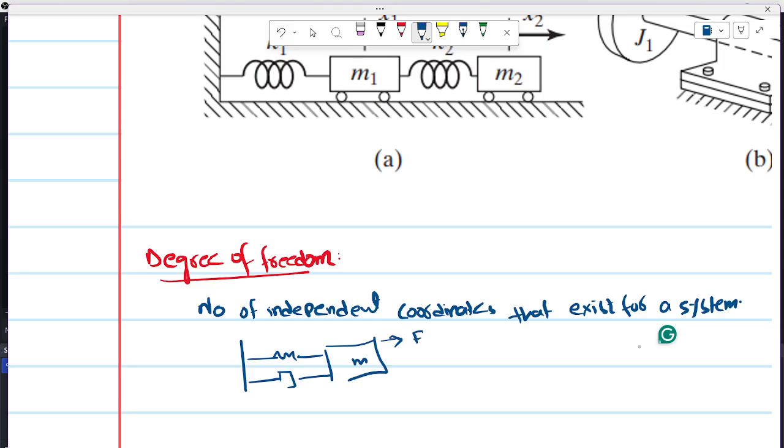Let's say this is x, this is y, this is z. The system here can only move along the x-axis. So the number of degrees of freedom is 1, and the number of independent coordinates is also 1, that is x.